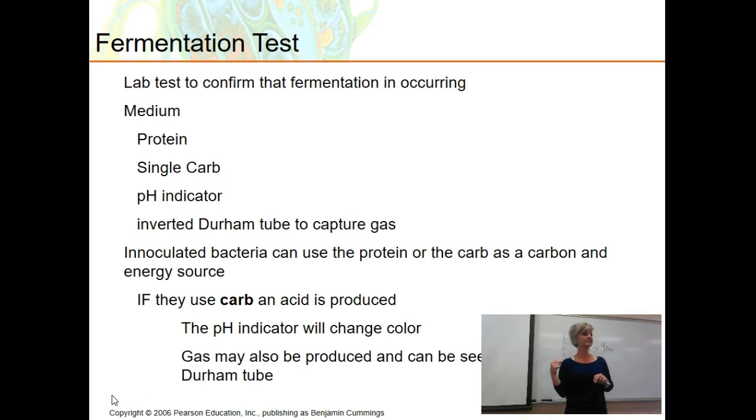And is an acid a change in pH? Yes. So we get a color change to yellow, confirming the fermenter. So when you come in, you would look and say, yep, that's yellow. That's a fermenter. But what you would know about that is it utilized the carbohydrate as the energy source.